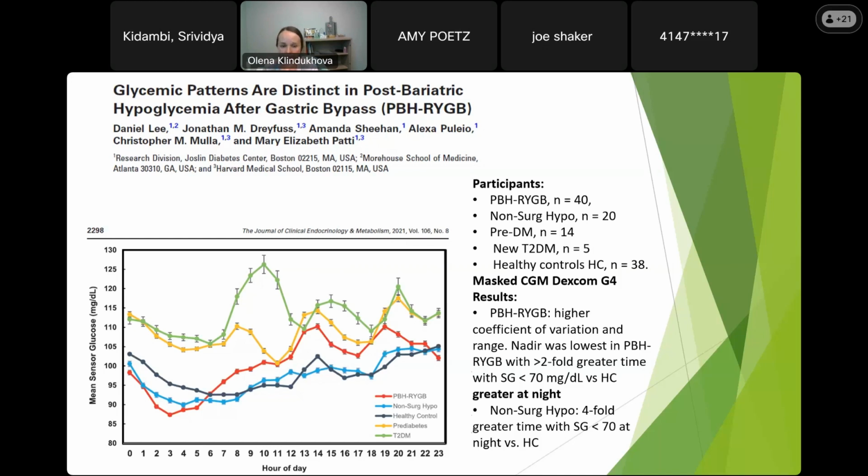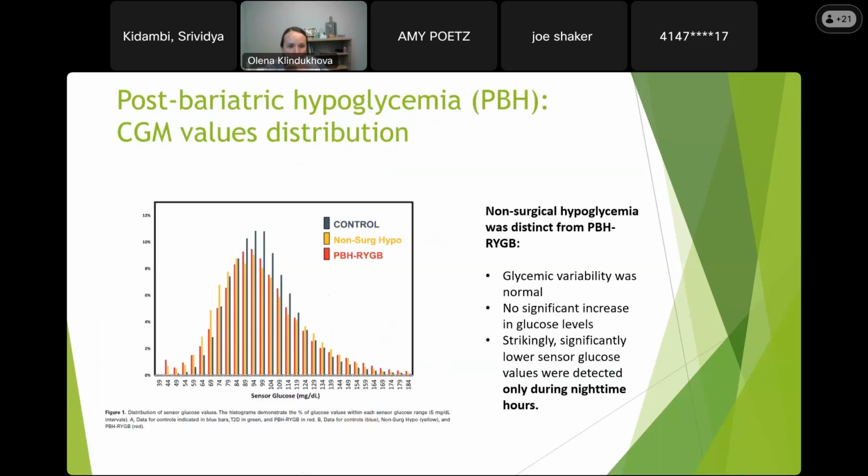Same observation they made for non-surgical reactive hypoglycemia. Those patients had a 4-fold increase in hypoglycemia below 70, and that was still predominantly at night. So there comes our classic postprandial hypoglycemia classification. Again, that's part of the previous study.